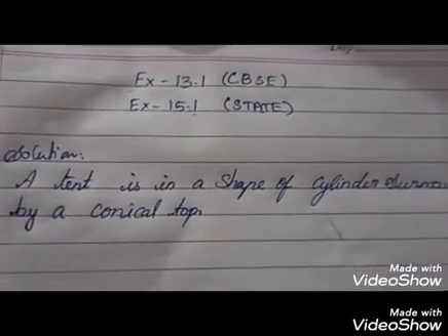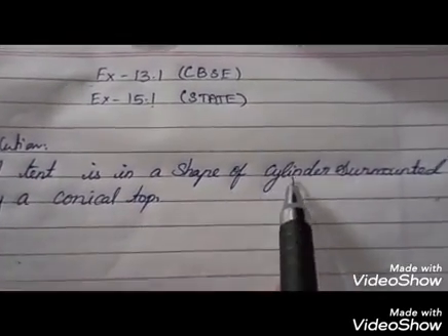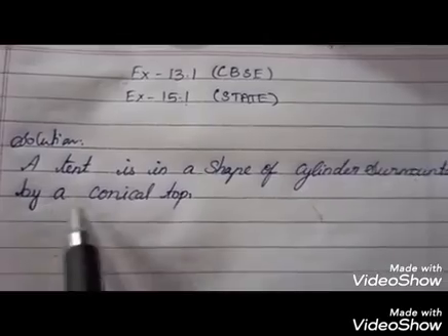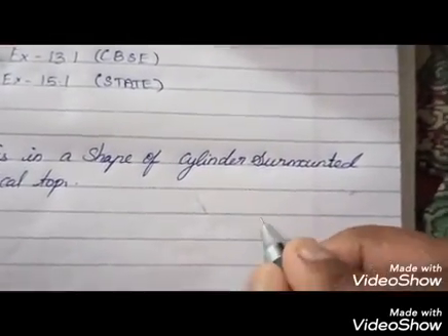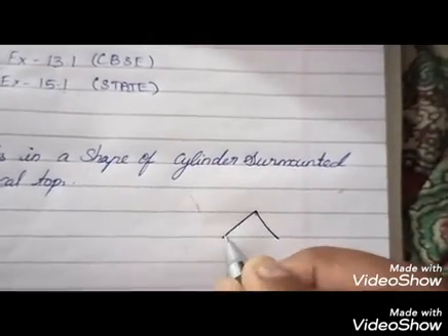A tent is in a shape of cylinder surmounted by a conical top. So I have to draw, this is the conical top, conical portion.